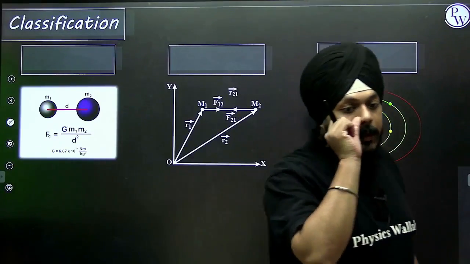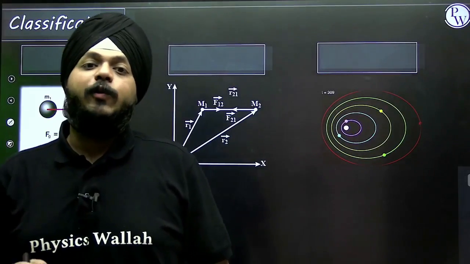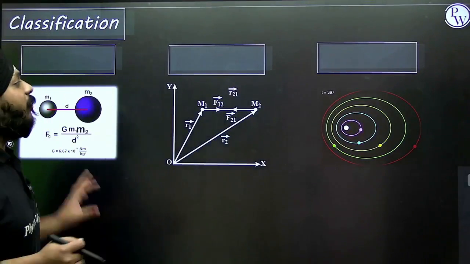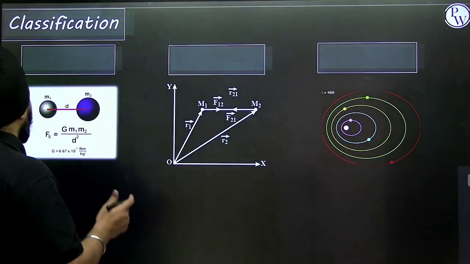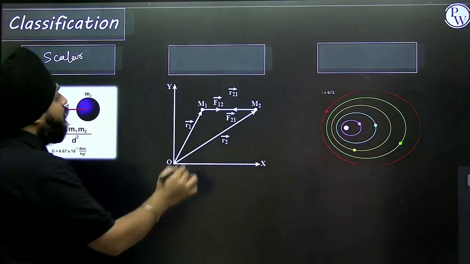Now, what about the classification? That thing we saw was completely about the scalar form. Now this is all about the classification. First, when talking about Newton's law, we have it in the scalar form.